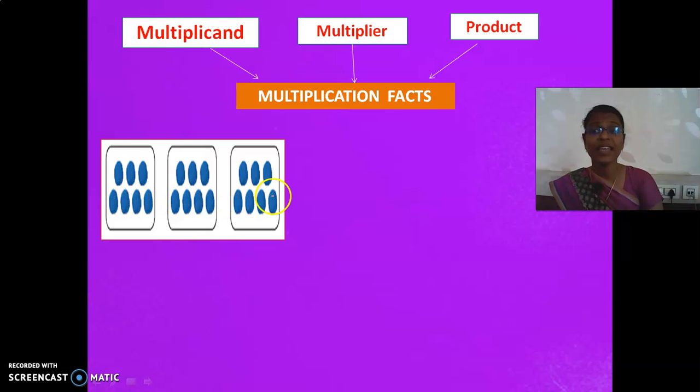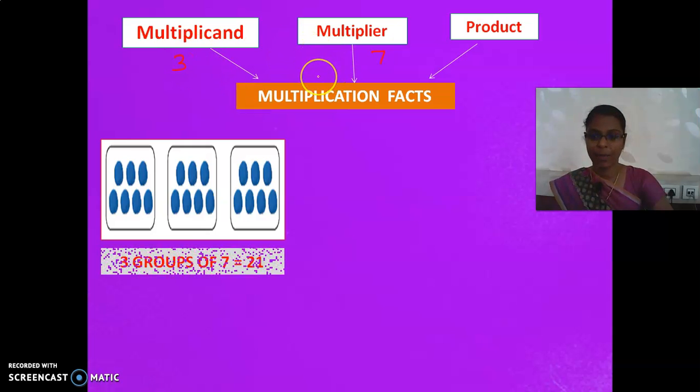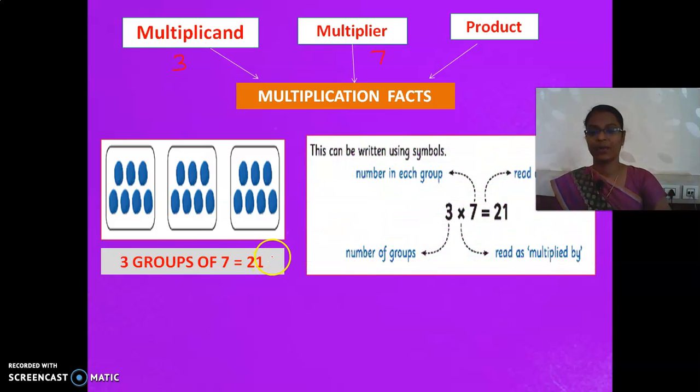How many groups are there? 3. So what is the multiplicand? 3 is the multiplicand. And in each group, how many dots are there? 1, 2, 3, 4, 5, 6, 7. So that is the multiplier. The multiplicand is 3 and the multiplier is 7. So 3 groups of 7. When you add, it is 21. What is the 21? Product is 21.